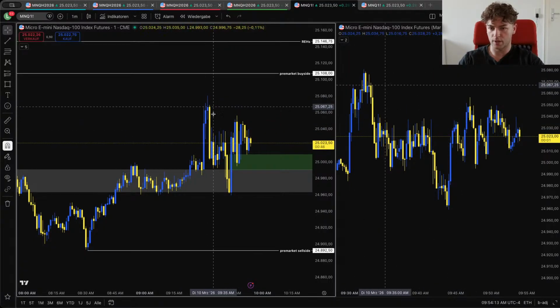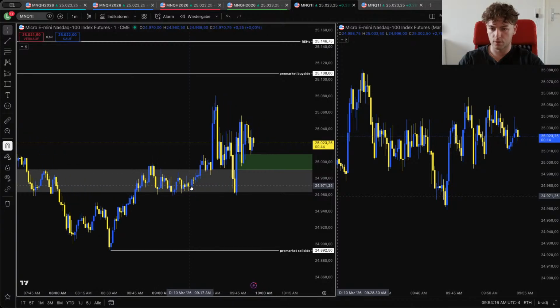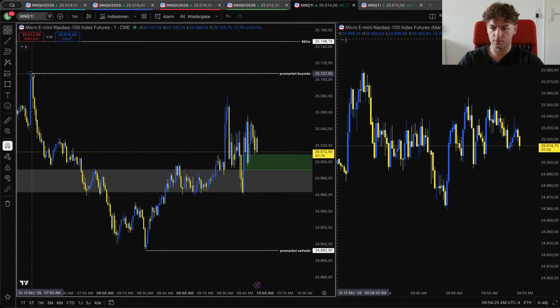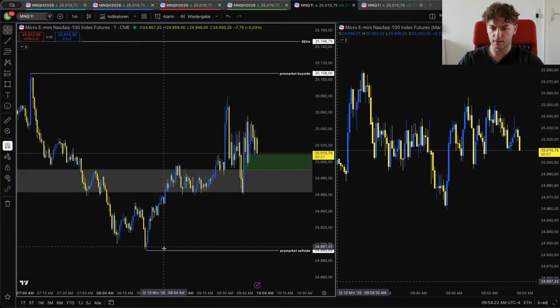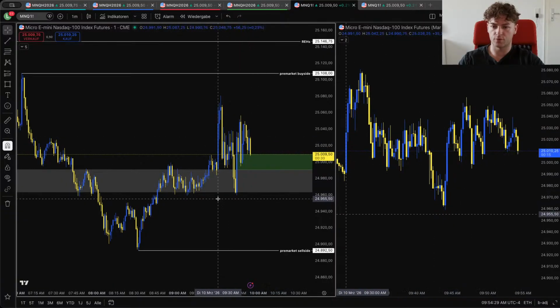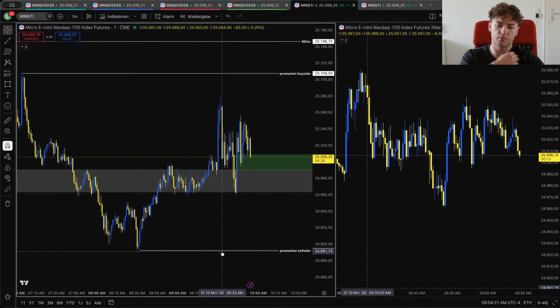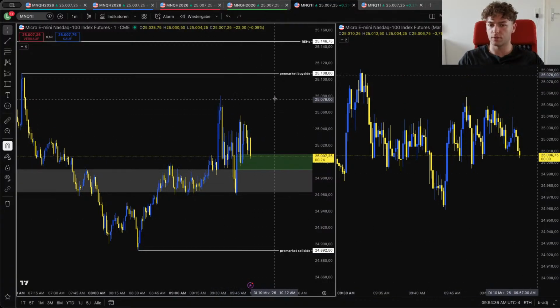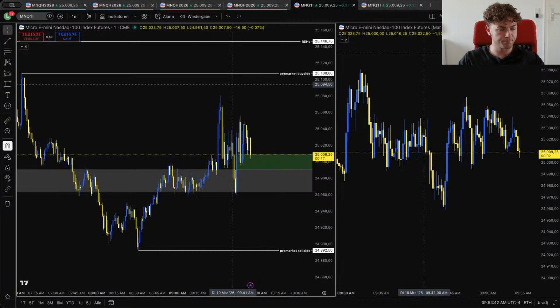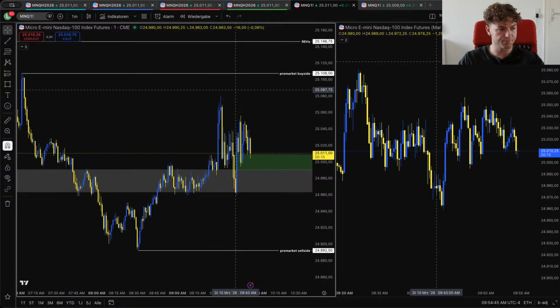We have not taken out buy side nor sell side yet. So still inside of the range between this buy side and pre-market buy side and pre-market sell side. So I really want to have one liquidity pool, preferably the sell side liquidity pool, get taken out first, to then aim for the opposite liquidity pool, which is the buy side liquidity. So yeah, let's see.